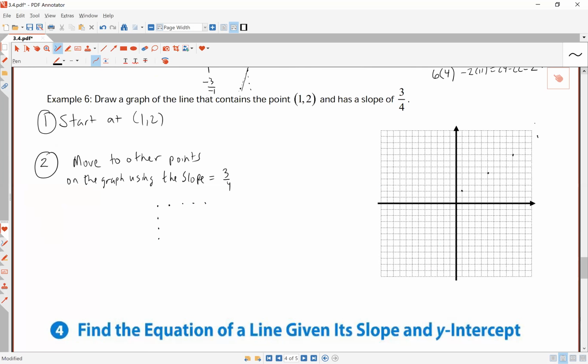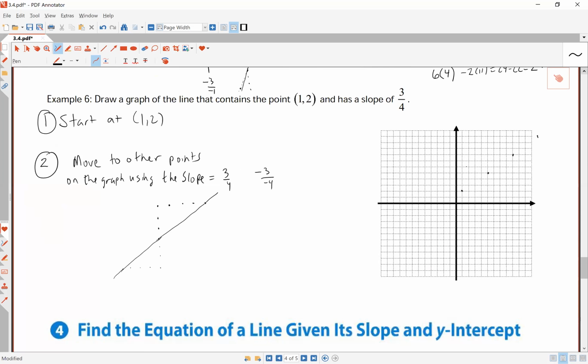Now the opposite of rising 3 and running 4 is to put the negatives on both of those. So we're going to drop 1, 2, 3, and left 1, 2, 3, 4, and that's going to keep us on our line.